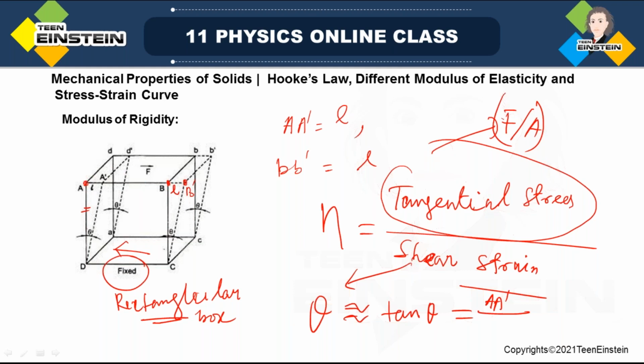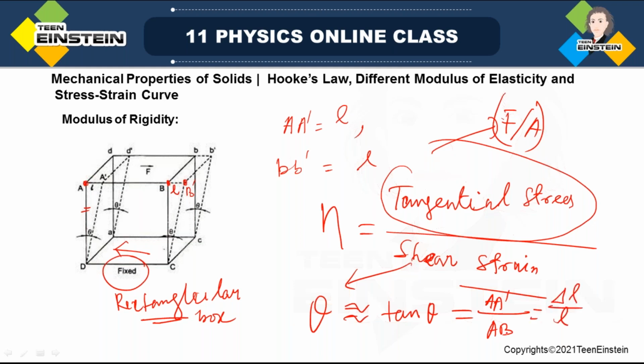A prime divided by AB. This has the same length as AD also. So that's what we can write, AB, and this is again A prime.